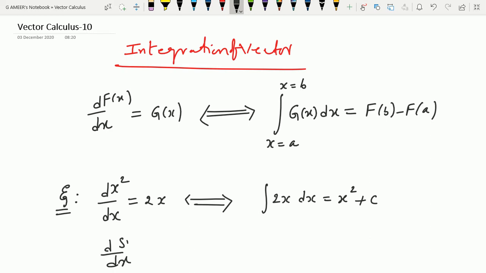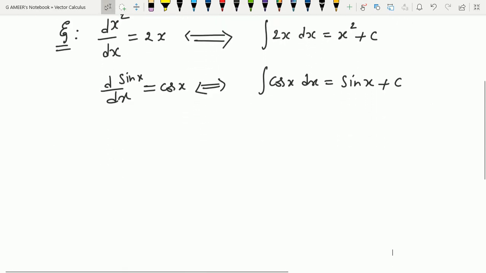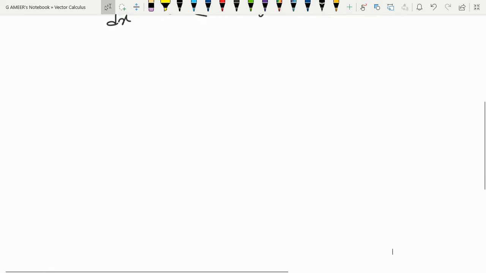Similarly, d by dx of sin x is cos x, so the integration of cos x with respect to x is sin x plus c. The same thing is also valid for vectors.